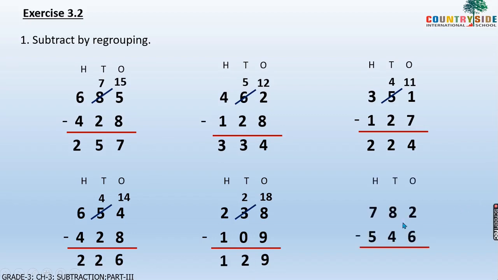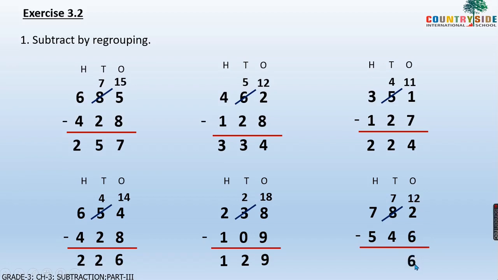Okay, next example, 782 minus 546. Now from this 2 we cannot subtract 6, children. So again this 2 will borrow one number from here, and this 8 will become 7, and 2 will become 12.